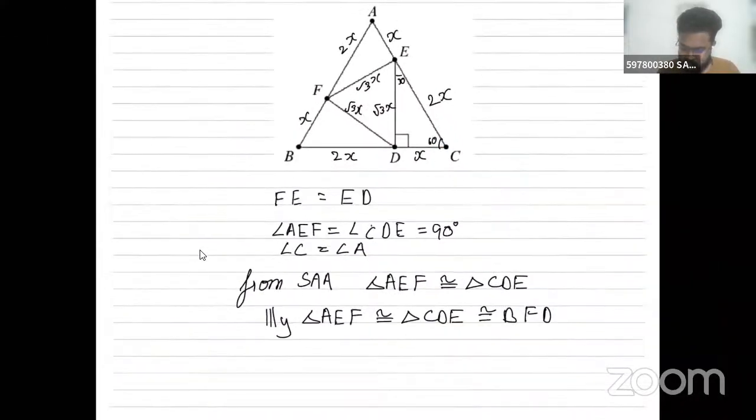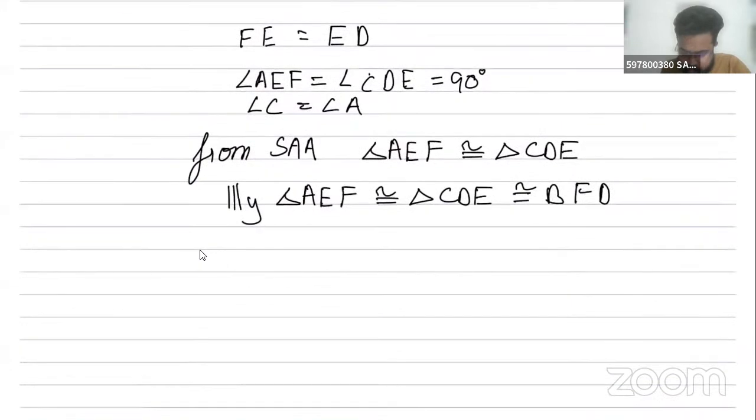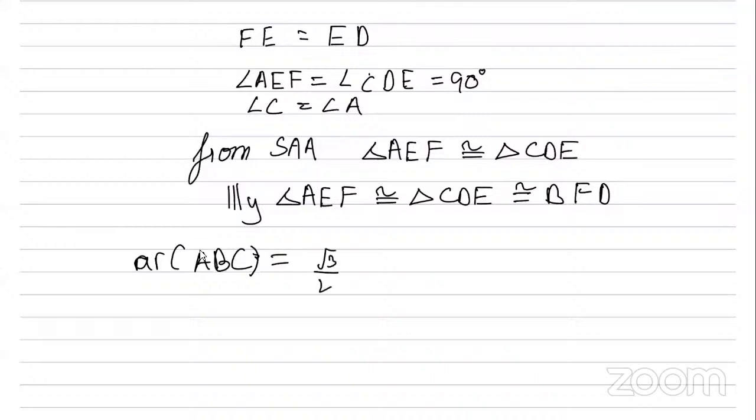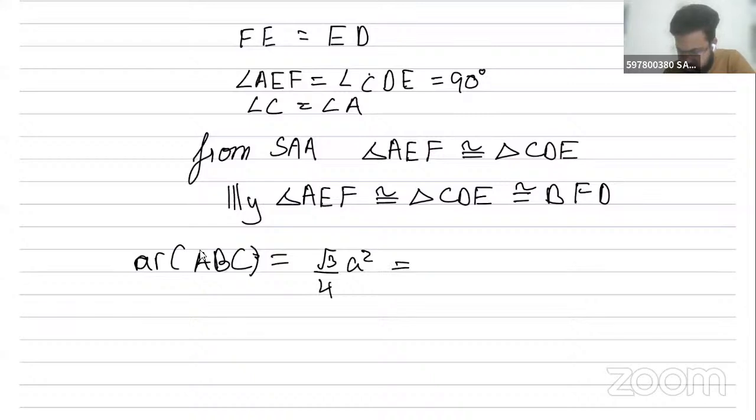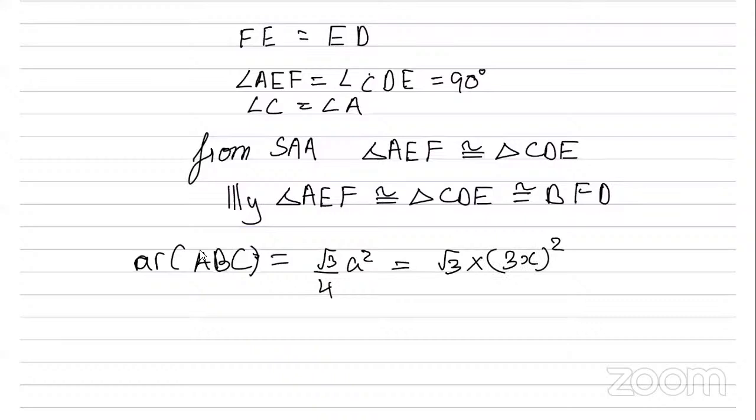Okay. So now we can directly compare the areas. Area of ABC is equal to root 3 by 4 a square, and that is equal to root 3 times 3x the whole square by 4.